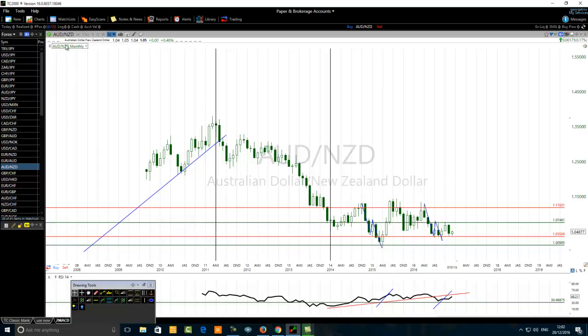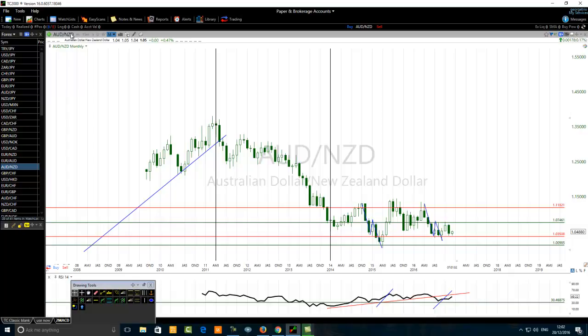When the Australian dollar, New Zealand dollar is going down, it means that the New Zealand dollar is appreciating against the Australian dollar.